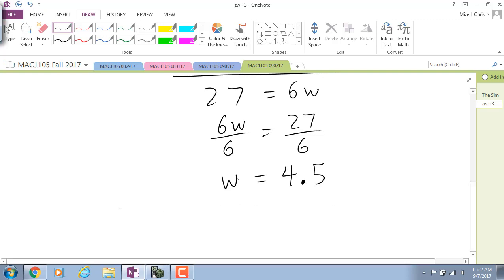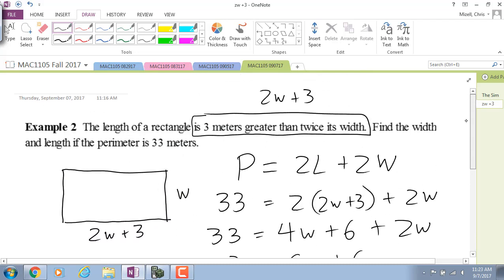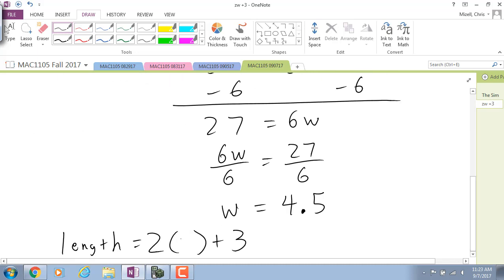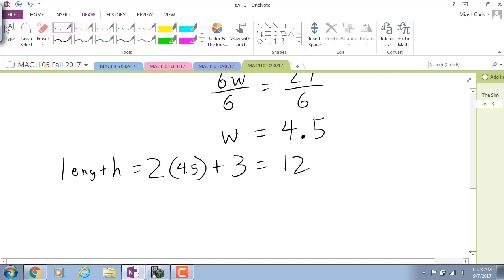The length is going to be 2 times something plus 3. 2 times 4.5. There we go. So 2 times 4.5 plus 3, 9 plus 3 equals 12.